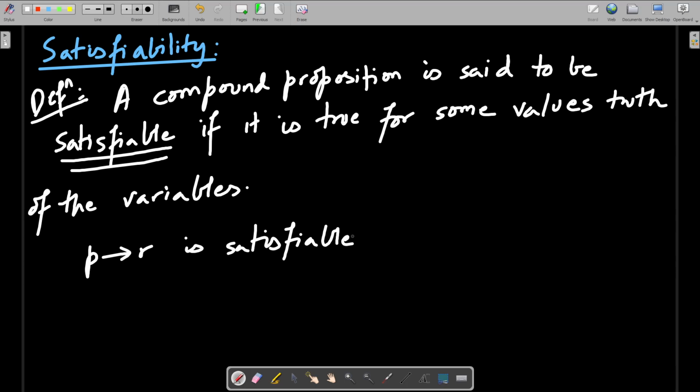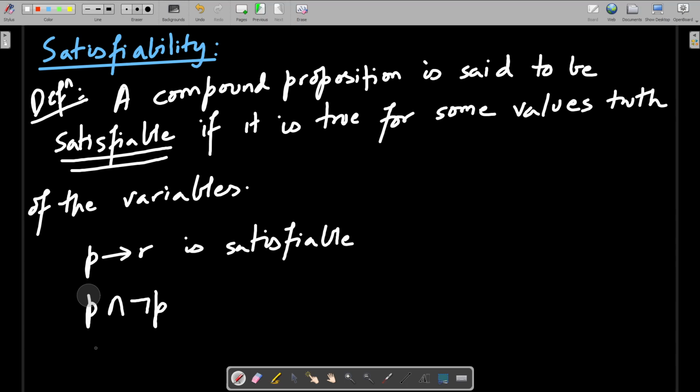Clear? Last time we had seen one statement, p and not p, right? Just check your last class notes. Is it true anytime?